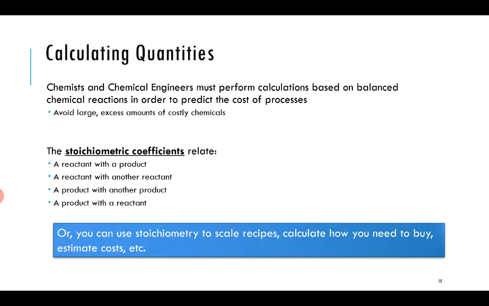And so you can use this math to scale recipes. It's just dimensional analysis. You can use it to calculate how much you need to buy, estimate costs, and how much you can make out of what you own. It's useful.